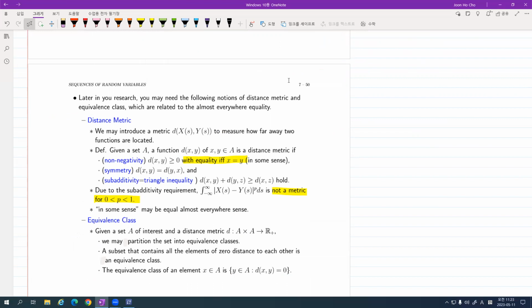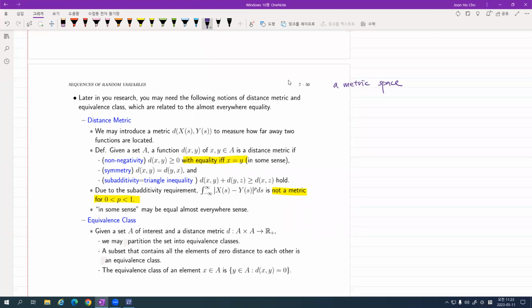So let's review some topics in introductory analysis. Here we are going to talk about a metric space. And what is a metric space? It's a set with some function to measure the distance between two elements of the set.